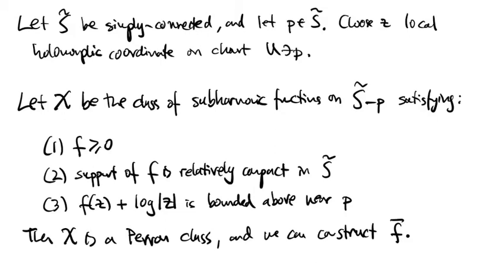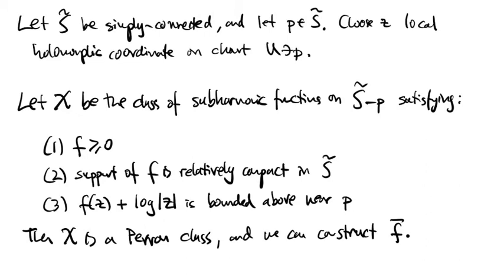Thirdly, we want the values of f near the point P to be controlled in a suitable way. We want f of z plus log of the absolute value of z to be bounded above near the point P. It is easy to construct subharmonic functions f with these three properties, so the class X is non-empty.